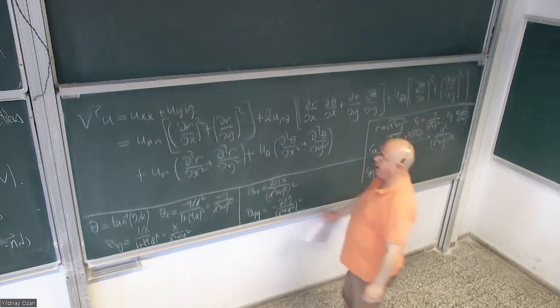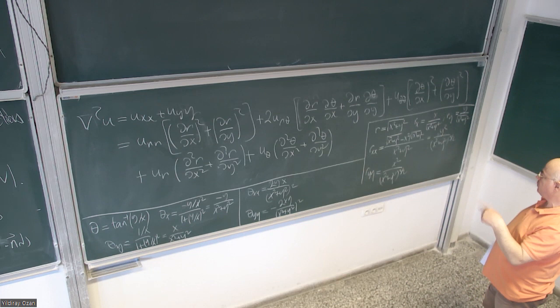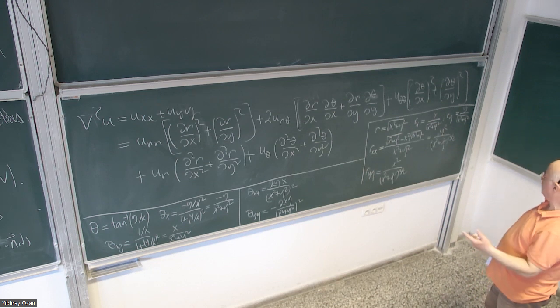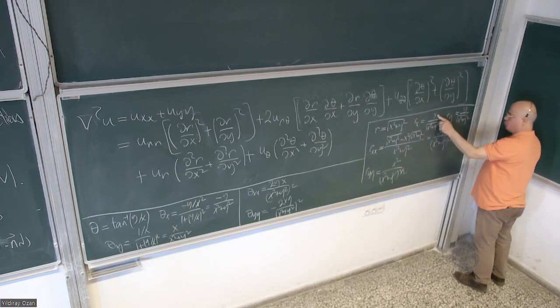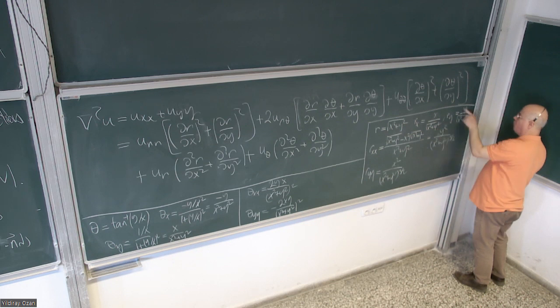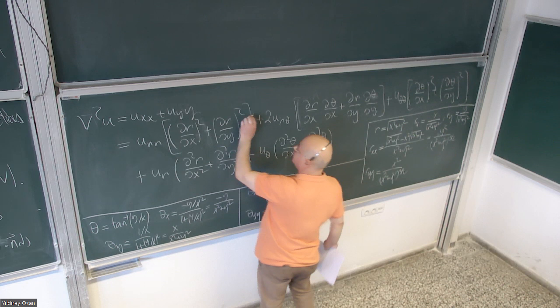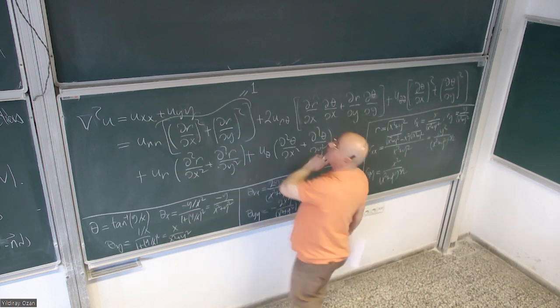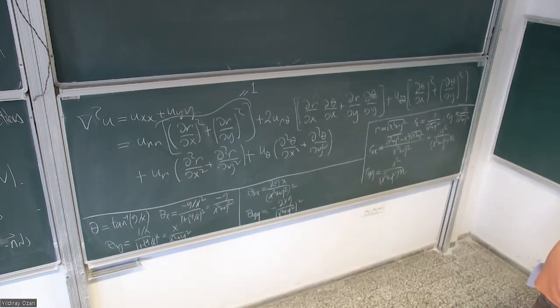Del r del x squared plus del r del y squared. So I am adding this and the square of that, x squared over x squared plus y squared plus y squared over x squared plus y squared. So this whole thing is just 1, right? This is just 1.